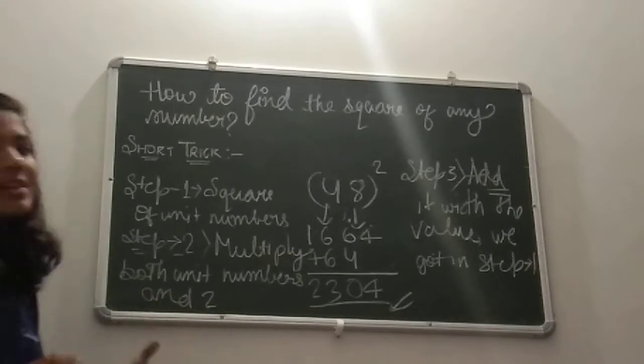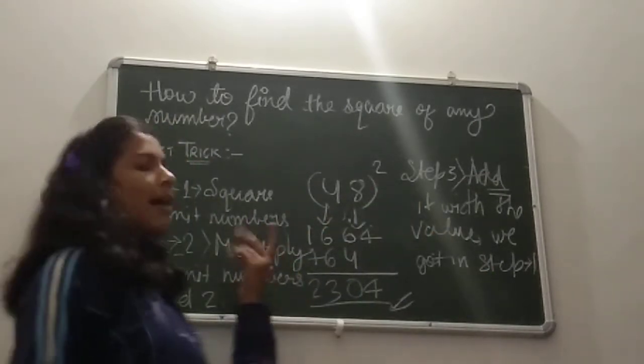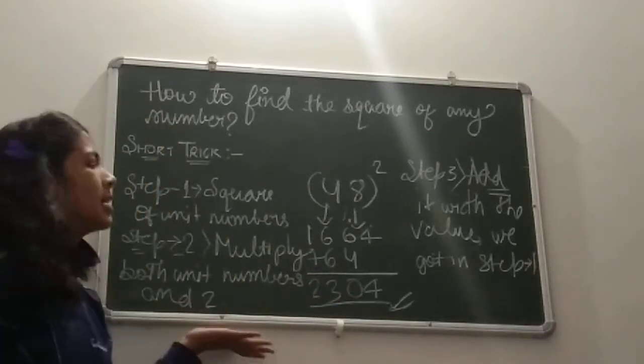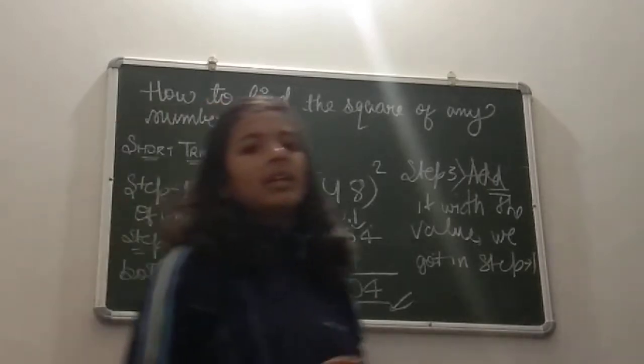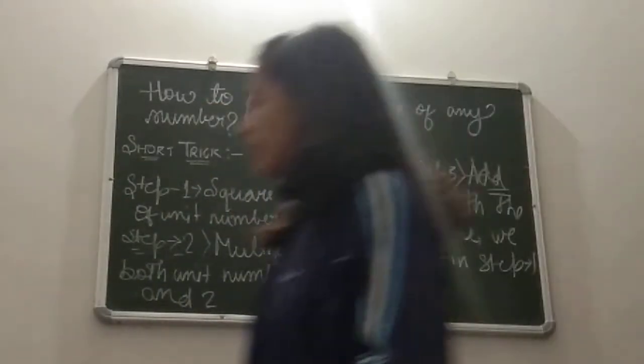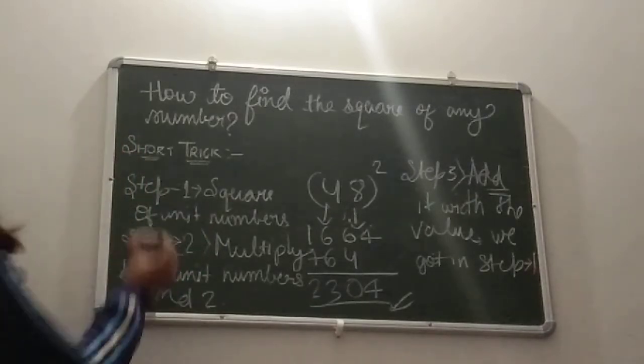Now I will erase all these steps. You can take a screenshot or write it in your copy. Yes, I am taking the screenshot. Let's continue the video. I am erasing all these steps.